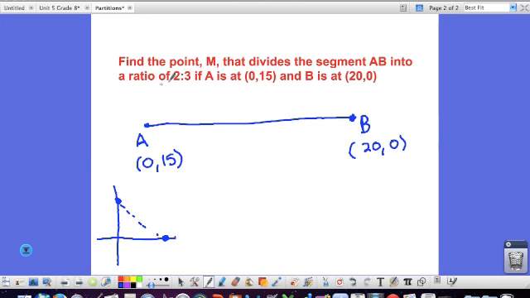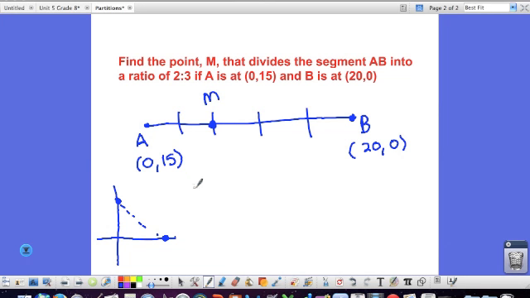Now, when we say the ratio 2 to 3, 2 plus 3 is a total of 5. If we were to break this into 5 equal segments, we would want the point M that is 2 sections from A, and then 3 sections from M to B. As we said in the formula, we're going to find an x value and a y value.